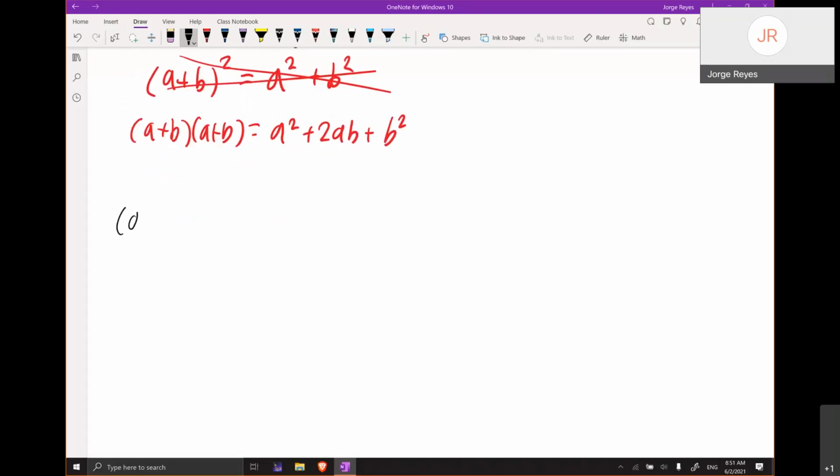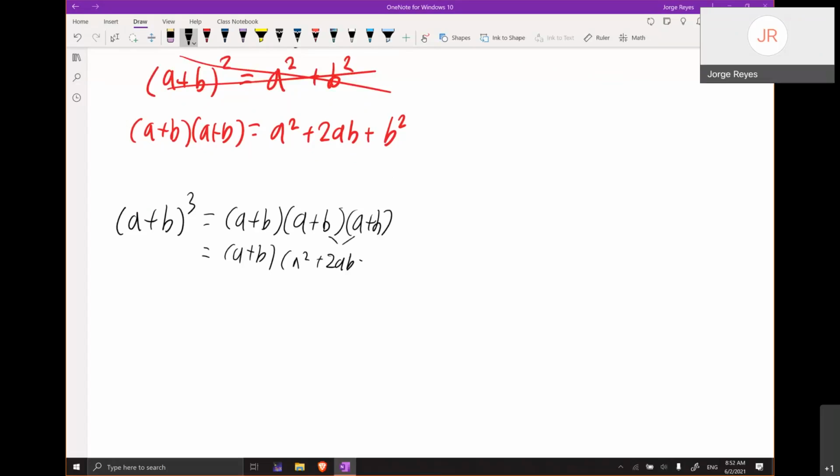But what if I asked you to do it more, right? So this is A plus B 3 times. And then you know what this is. That's a squared plus 2ab plus b squared. So now you'd have to FOIL all of this, right?